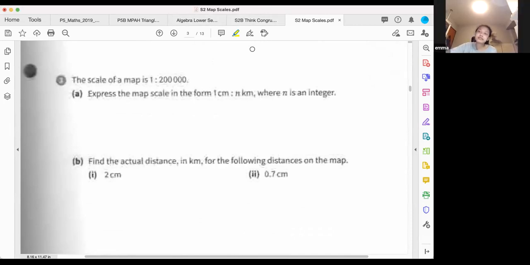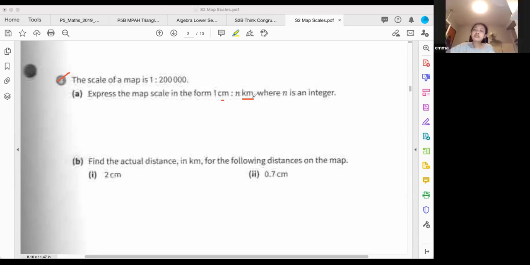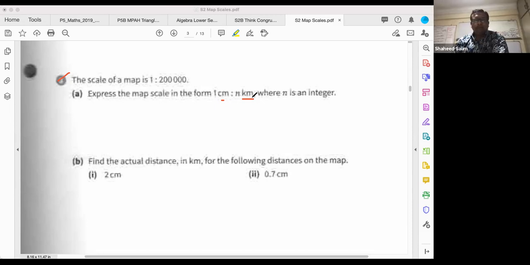Now they want you, the first thing to do, is to change it from no units to having units, but the units are different. You know what to do, huh? You try. 1 is to 200,000, but now how many km? 1 cm to how many km?